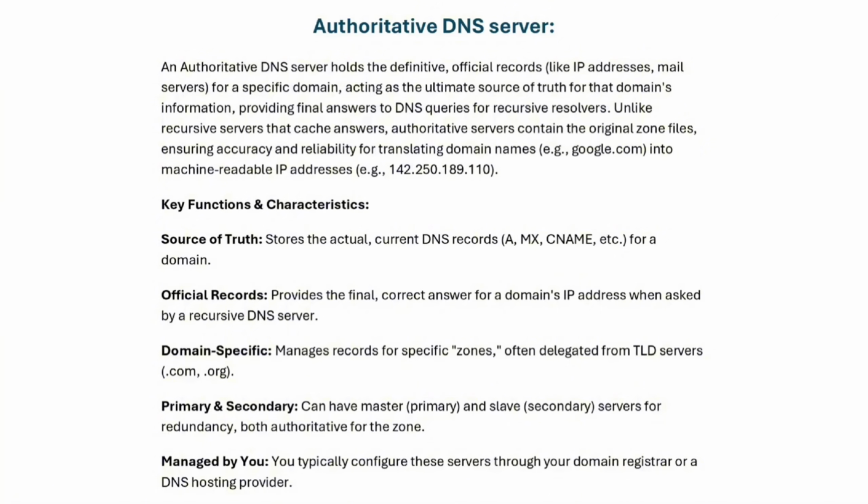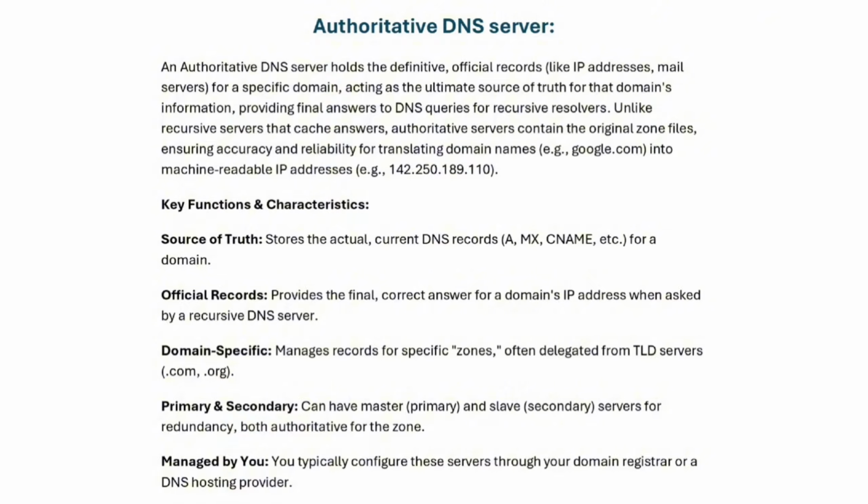Authoritative DNS servers contain original zone files, original details that provide accuracy and reliability, redirecting, for example, google.com into a machine readable IP address, that is 142.250.189.110. So let's now understand the key functions and characteristics of the authoritative DNS server.